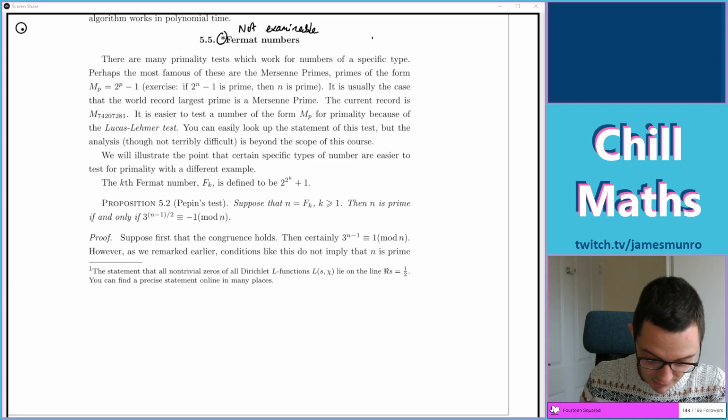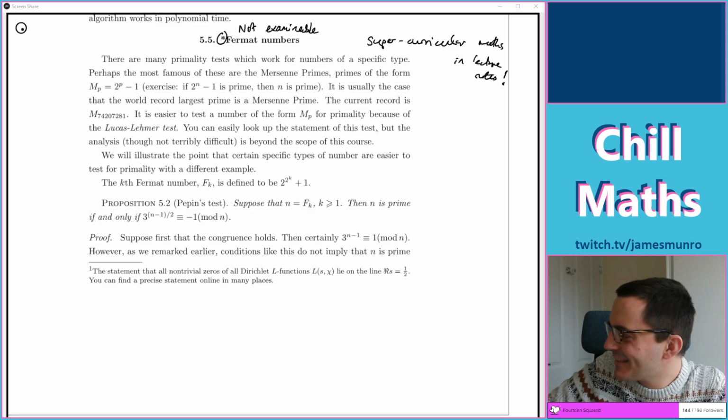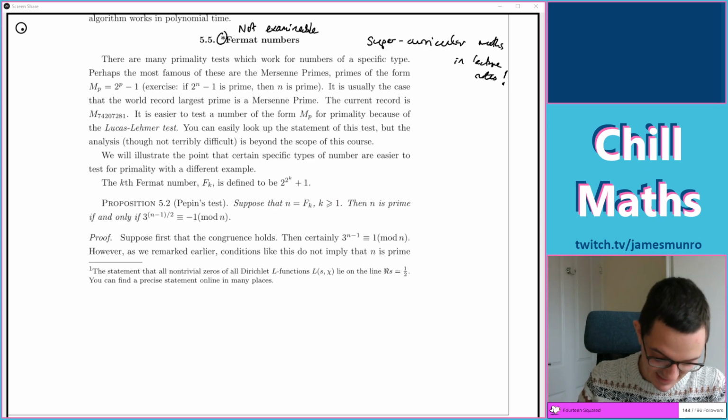This is basically, if you like, super curricular maths, but in lecture notes. And probably in the actual lecture as well, which is what I do a lot of work on at the moment, super curricular maths. So it's nice to see it in other places as well.